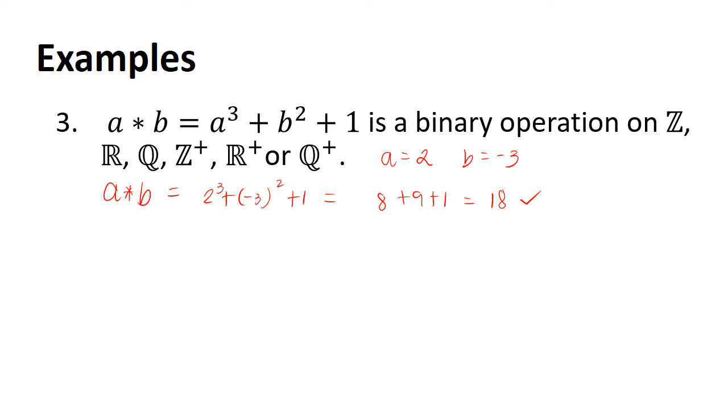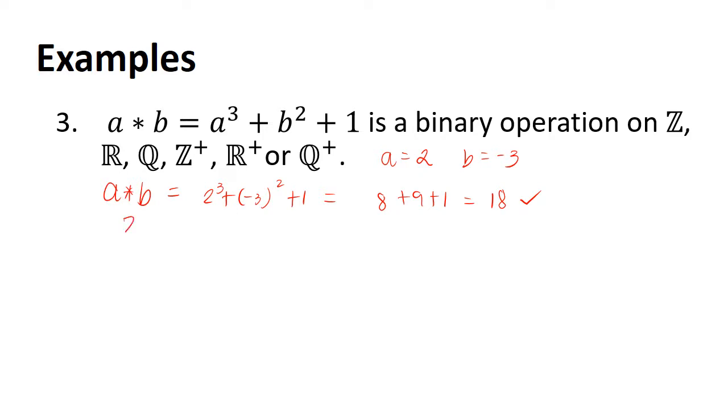I can prove them one by one by setting an example, but I just want to show why the set of negative integers makes this definition not a binary operation.